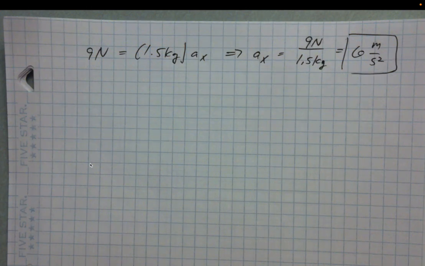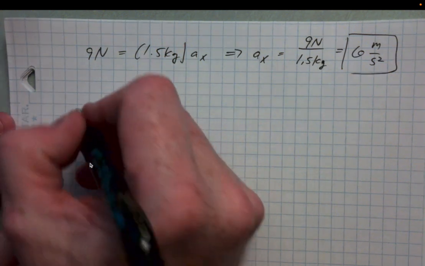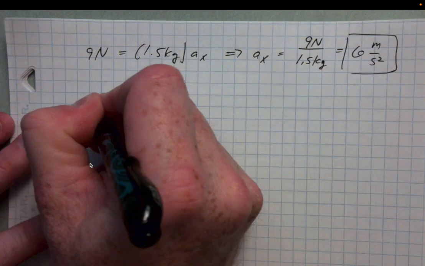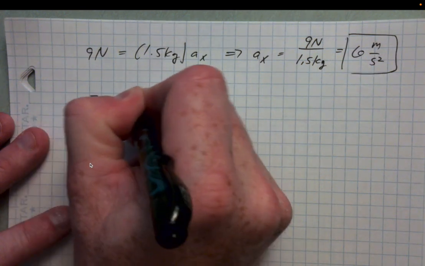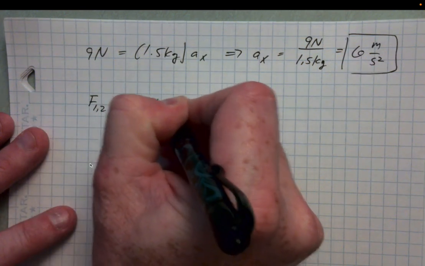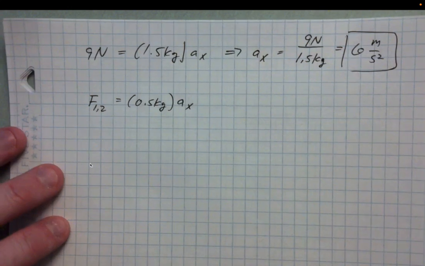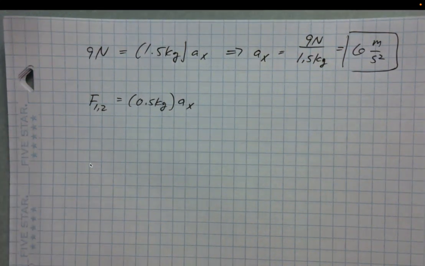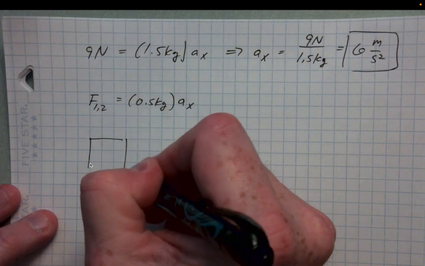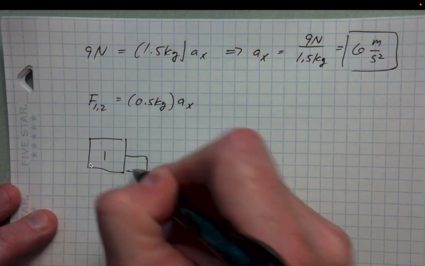Now, to identify the force that block 1 exerts on block 2, we can just go back to that previous equation. Previously, we have this equation, F12 equals 0.5 kilograms times a sub x. If we want to know the force that block 1 exerts on block 2, remember, block 1 is this guy, block 2 is the smaller one.